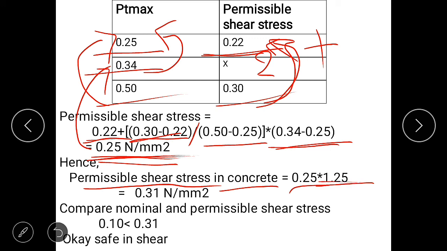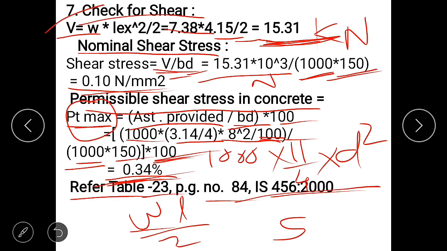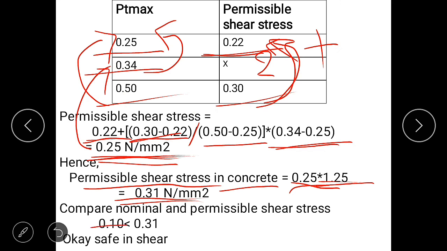A factor of 1.25 is also given in the IS code. So 0.25 into 1.25, the permissible stress is 0.31. Here the nominal shear stress is 0.10 and the permissible is 0.31. Permissible is greater, so our slab is safe in shear.